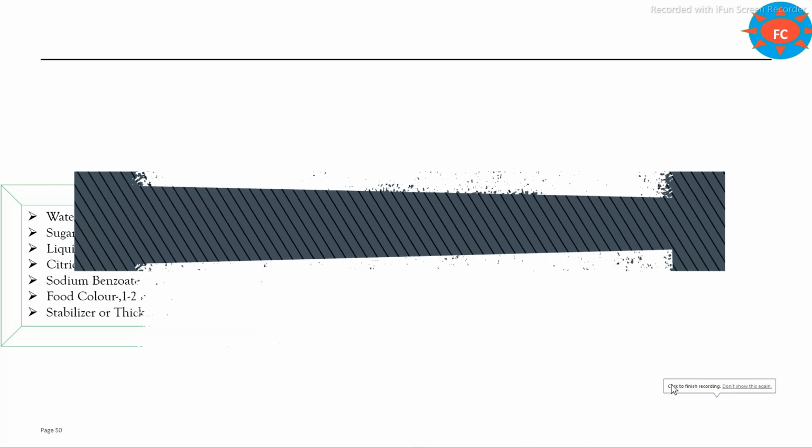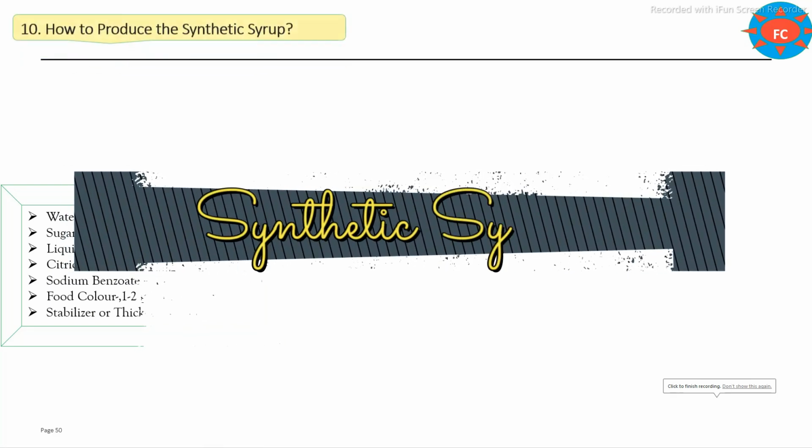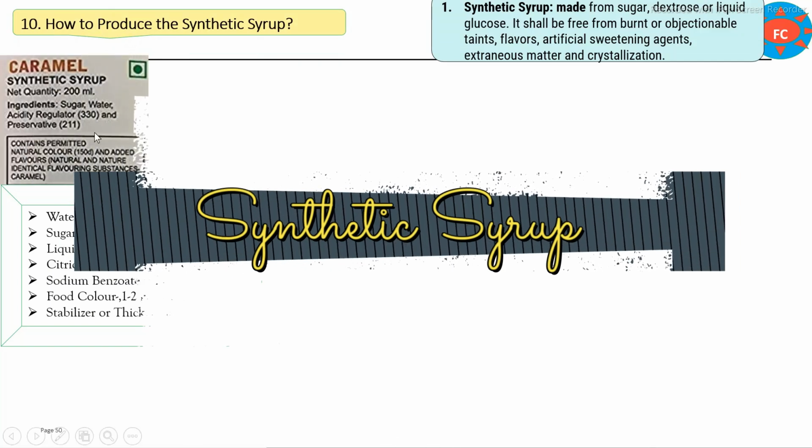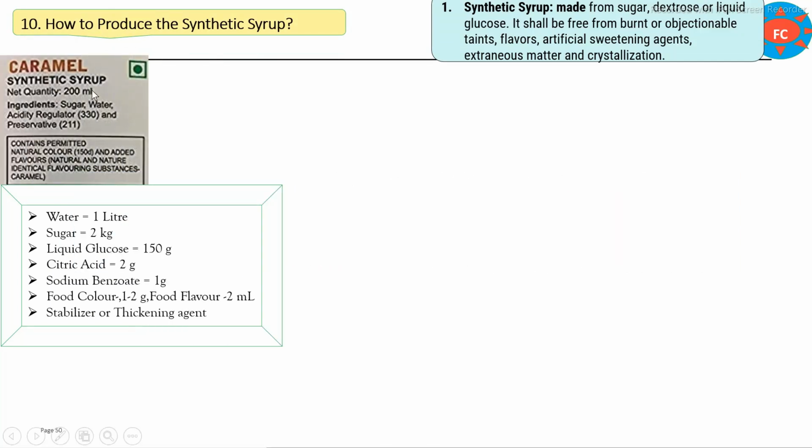Next one is the example, that is the synthetic syrup production process. In the synthetic syrup, you can see on this label the main syrup is prepared with sugar, water, citric acid, and preservative, along with the addition of color and flavoring substances, so that the final product is free from any objectionable flavors, free from crystallization or extra matter.